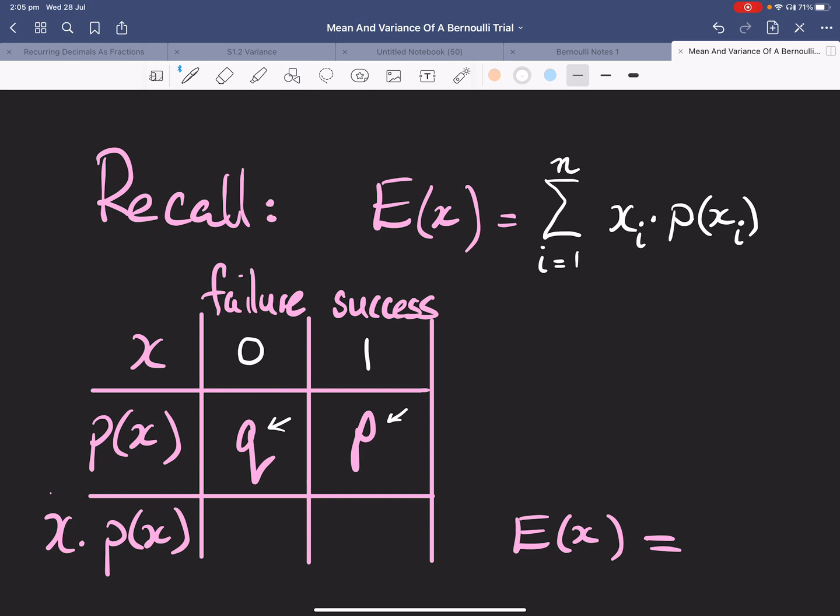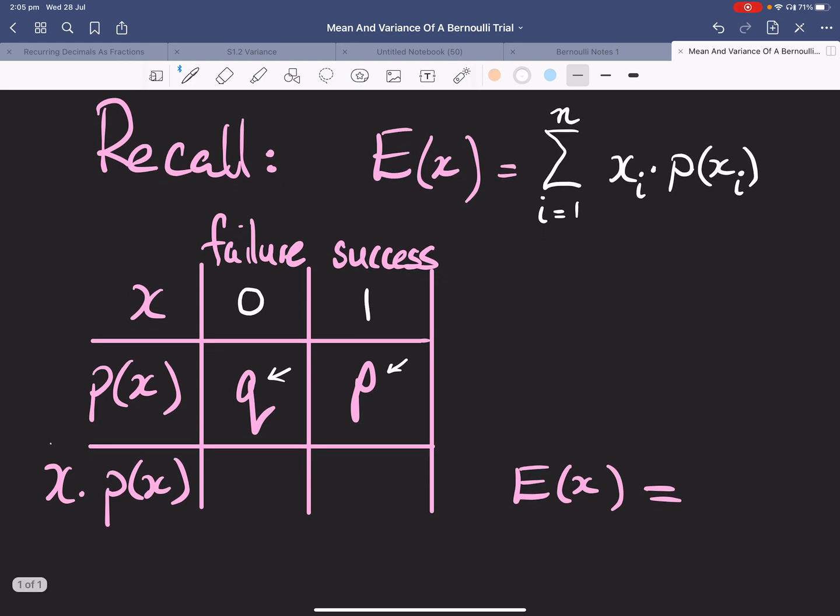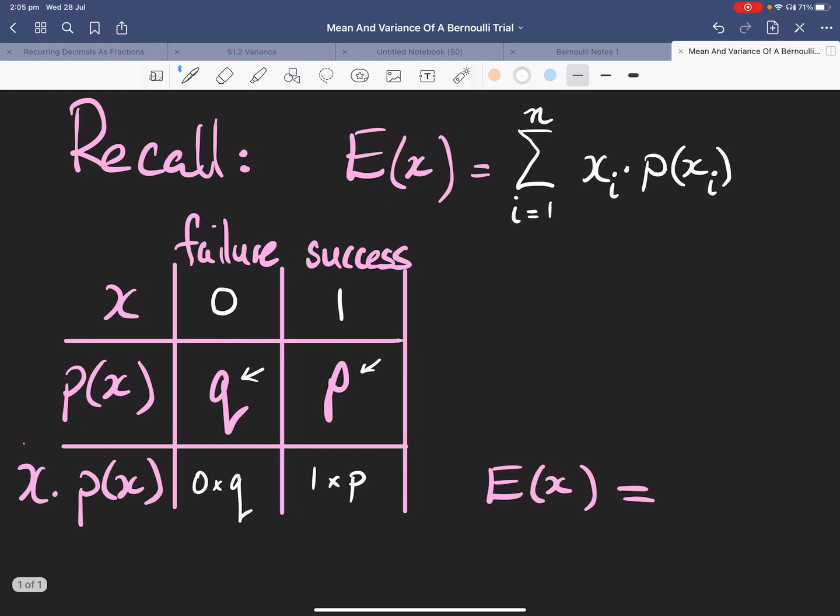Hopefully the end result here is quite intuitive to you, but let's have a bit of a closer look. The score times the probability of that score occurring: we've got 0 times Q, and we've got 1 multiplied by P. So the expected value is going to be 0 times Q plus 1 times P, which gives us P.